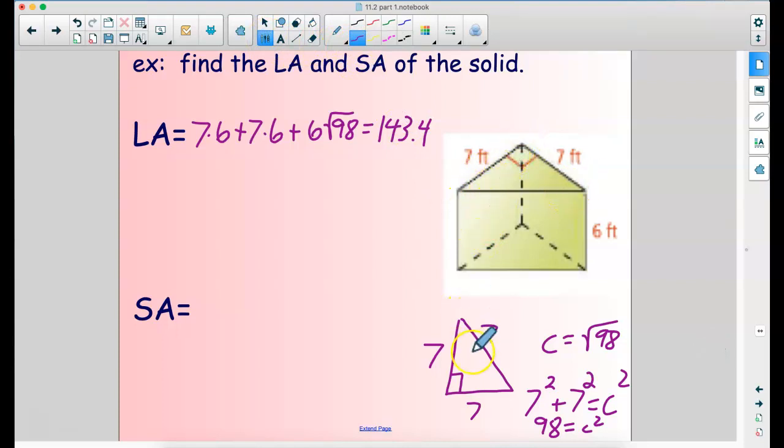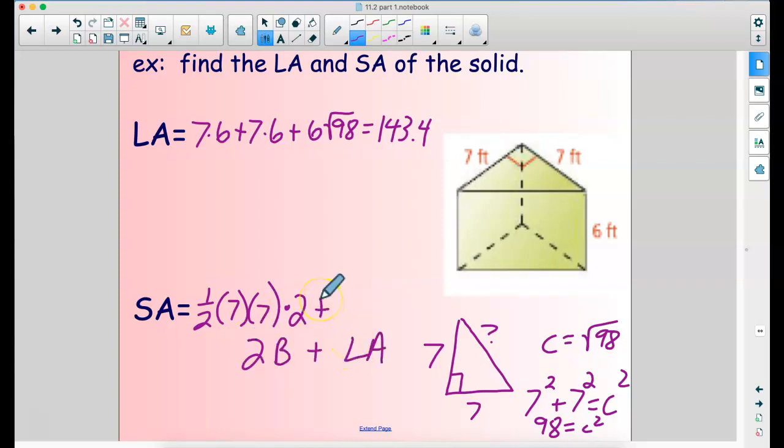Each base is a triangle. So the area of that triangle would be 1/2 base times height. And we have 2 of them. So those are the 2 bases. And we're going to add that to the lateral area, which is 143.4. So overall, we get 192.4, and the units will be square feet.